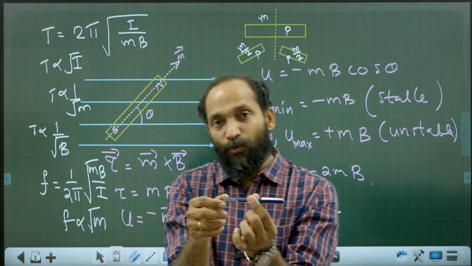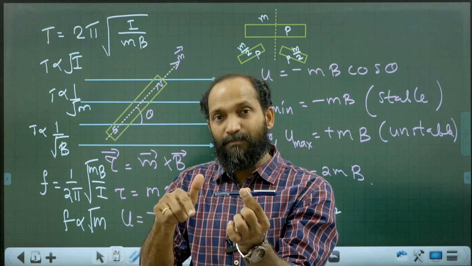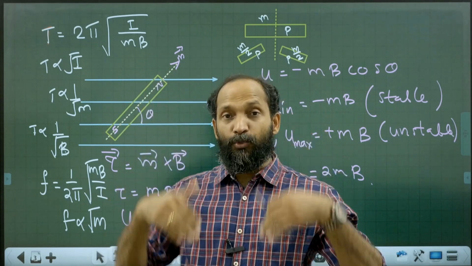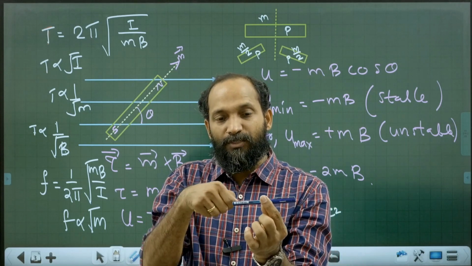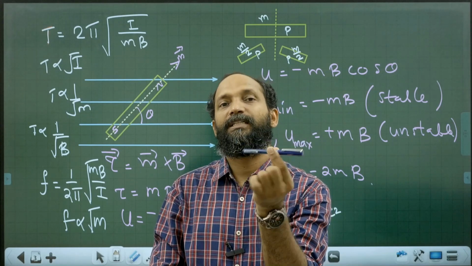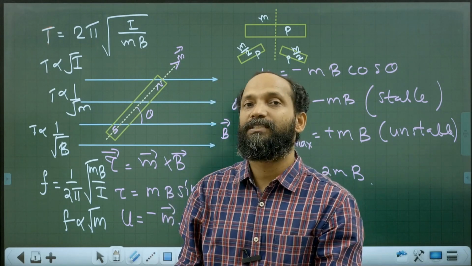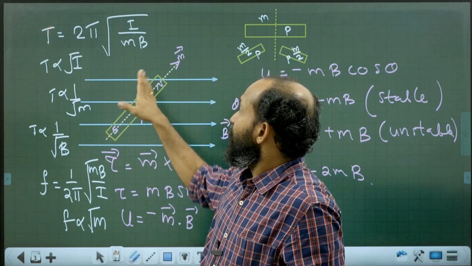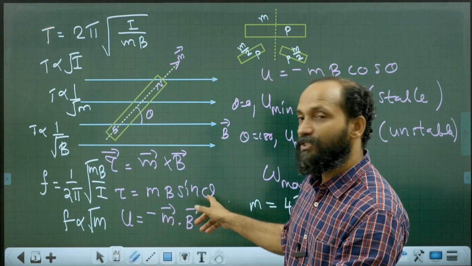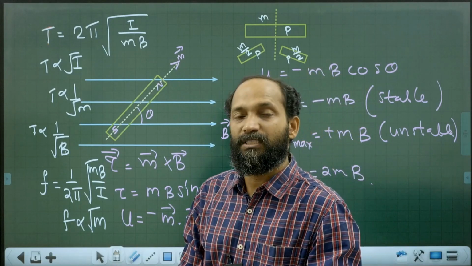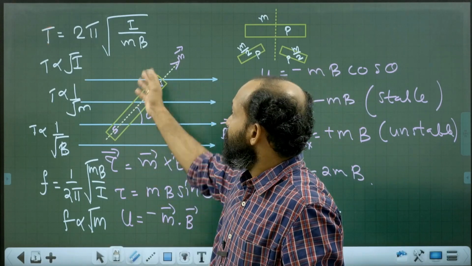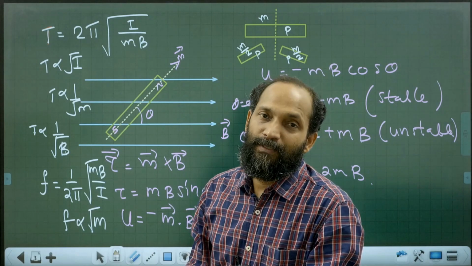Disturb that orientation slightly by using another magnet from outside the device without touching it. Then you can produce a small deflection there, due to which it can start oscillating. For small oscillations, that is simple harmonic with restoring torque mB sin theta, potential energy changing on the basis of minus mB cos theta. All that questions may come with period 2 pi root I by mB.